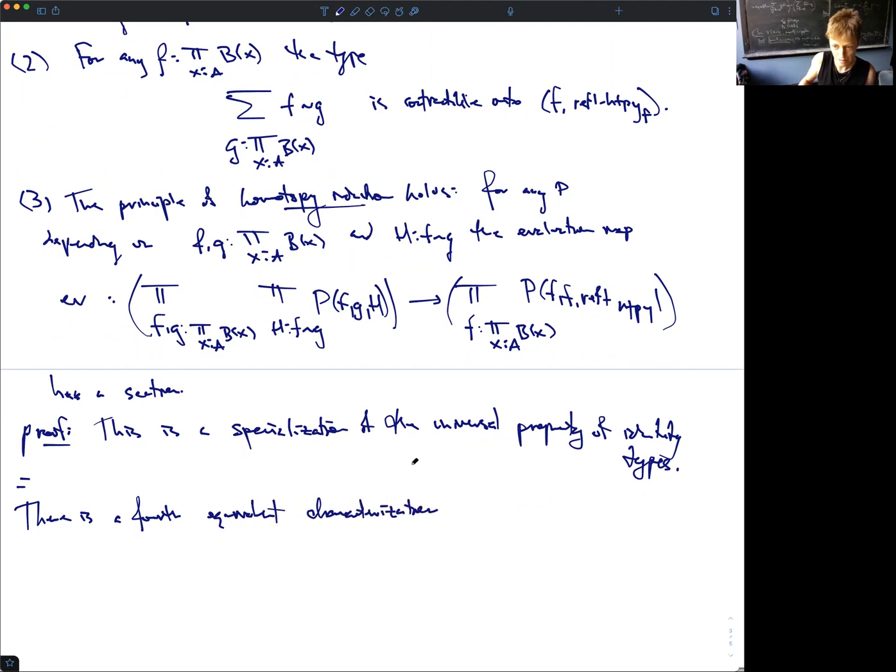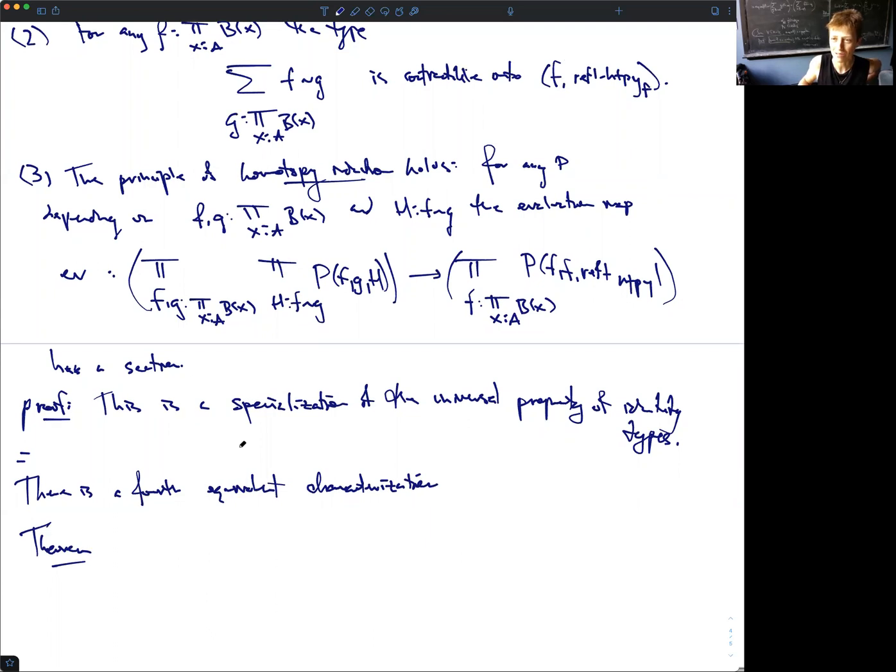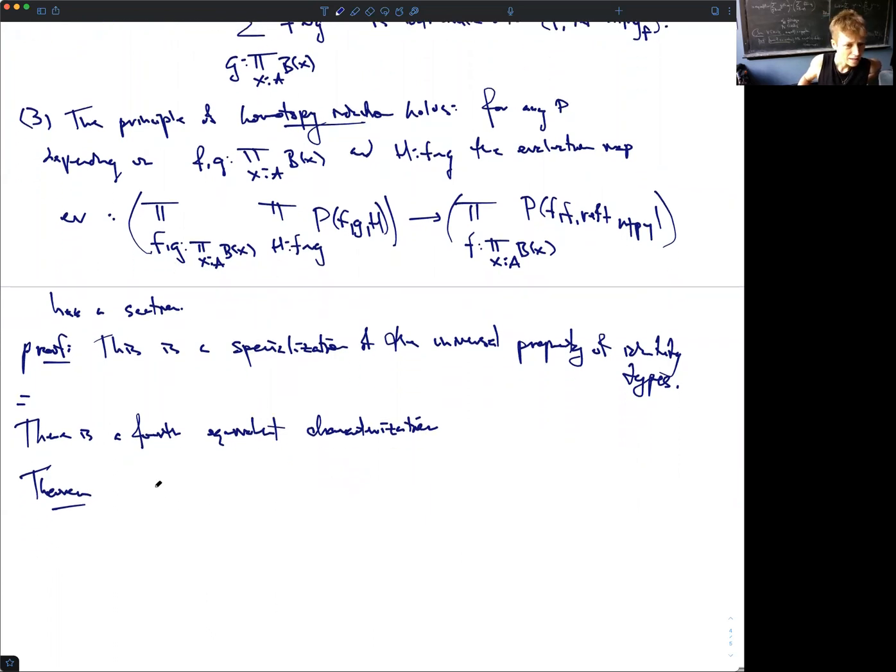This is used kind of all the time in proving things, and also it's just a little bit more surprising that it connects to function extensionality. I believe this is due to Voevodsky. Maybe someone will correct me if that's wrong. And firstly, there's something that's a little bit interesting about the statement. So for any universe U, the following are logically equivalent.